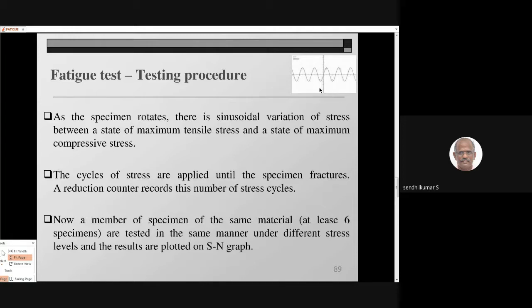This cycle of stress is applied until the specimen fails from its surface. The revolution counter records the number of stress cycles. For the same material, at least 6 specimens are tested in the same manner under different stress levels, and the results are plotted on the S-N graph.